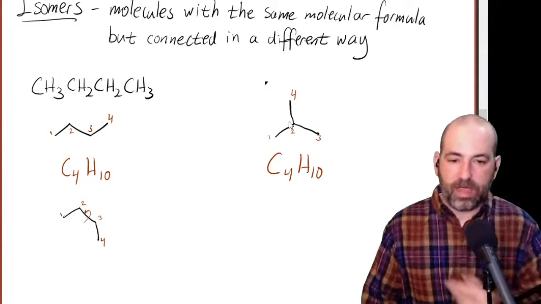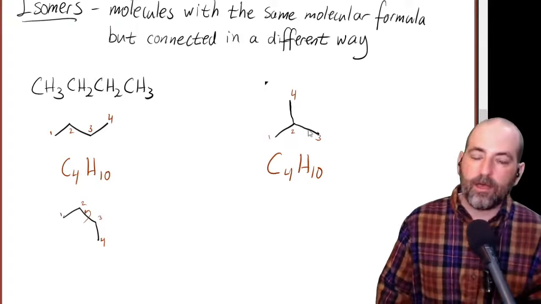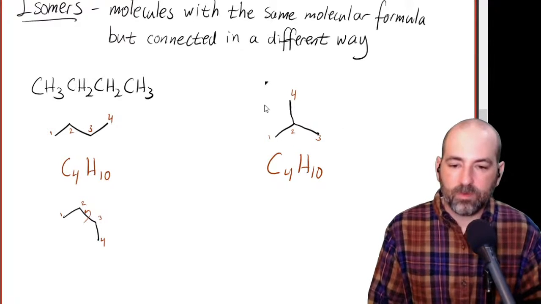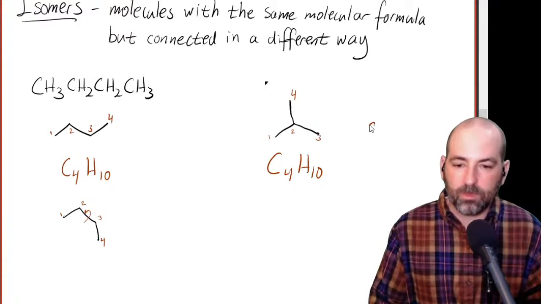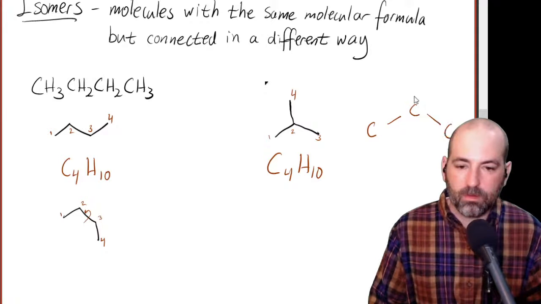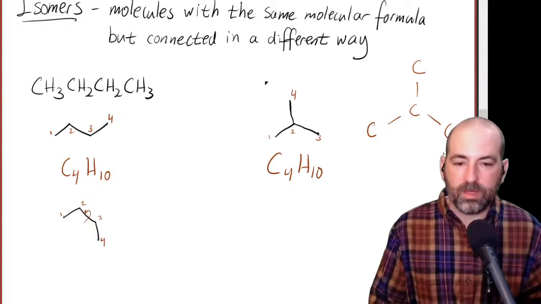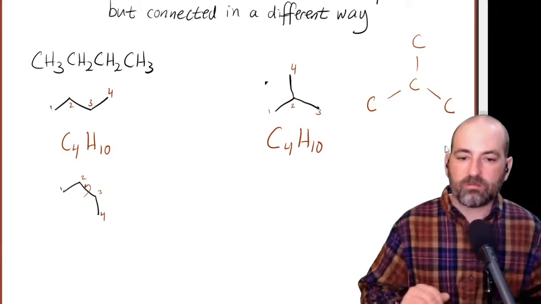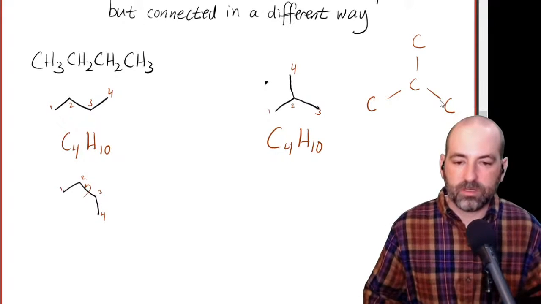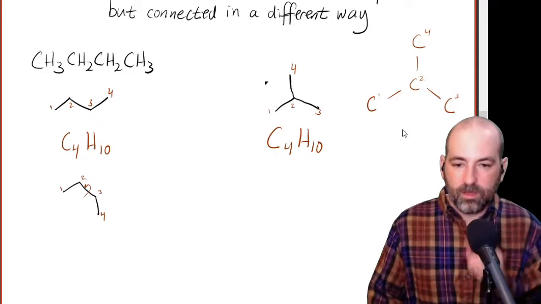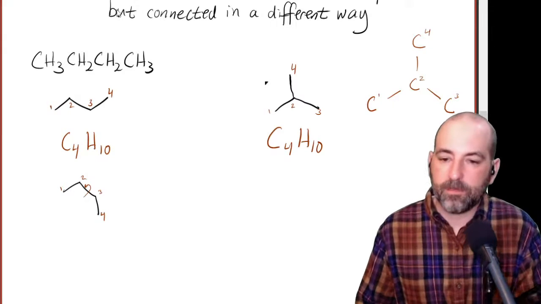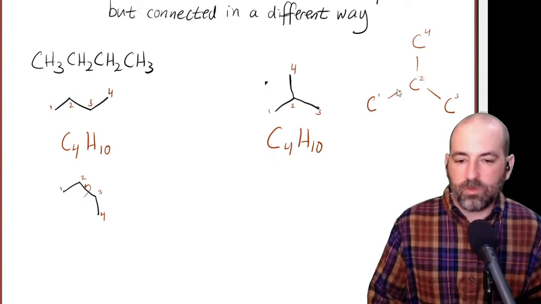All right, let's look at that in our condensed structure. This also helps us practice how to read line structures. We're going to draw the same shape with carbons, and then we're going to add the hydrogens in. All right, so that's the same shape. That's what our line structure looks like. We've got carbon 1, 2, 3, and 4. So now let's figure out where the hydrogens go here. Carbon number 1, there's 1 bond shown.